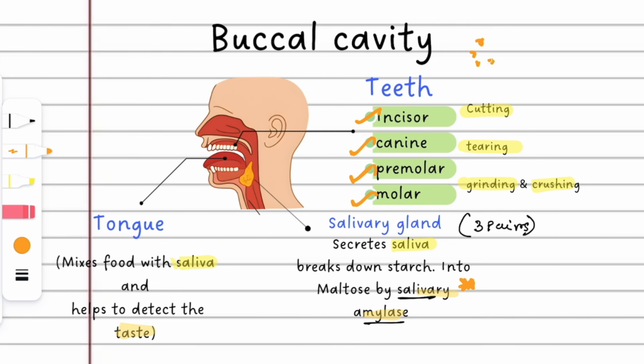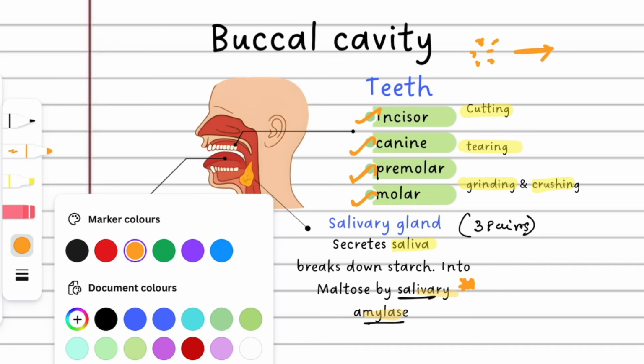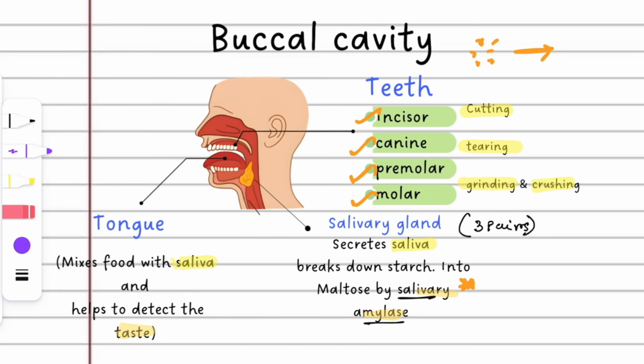These are the broken food which will mix with saliva and forms nothing but a bolus, that is this kind of structure. Okay, this is the bolus. Now this bolus will go to our esophagus.